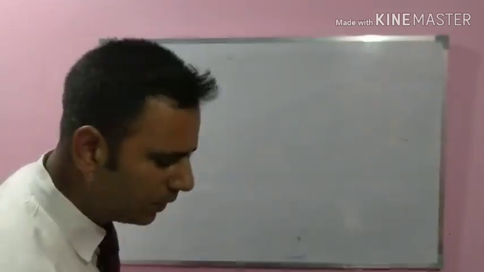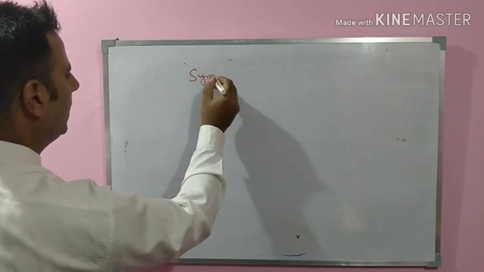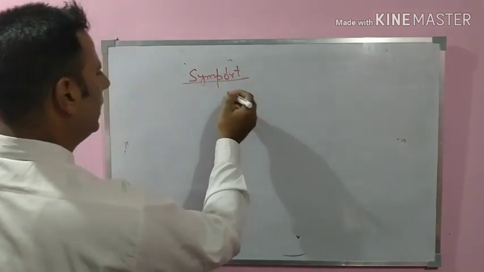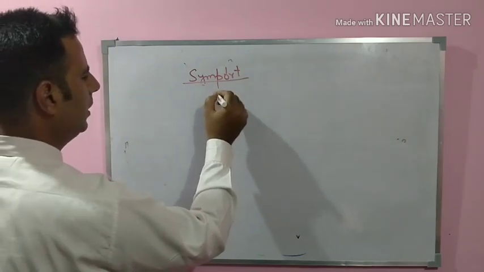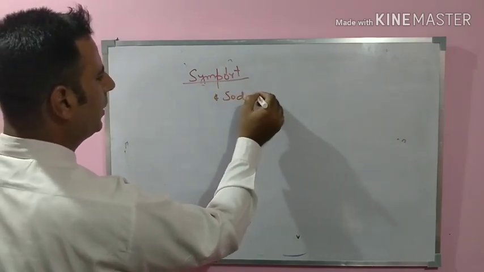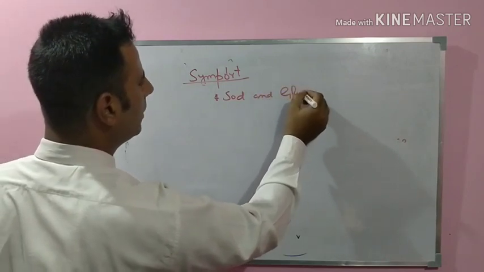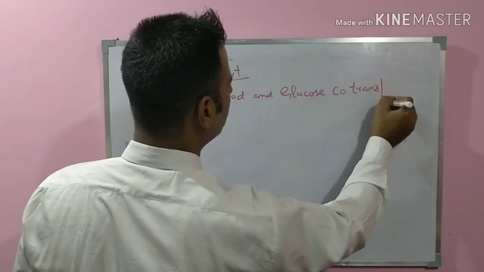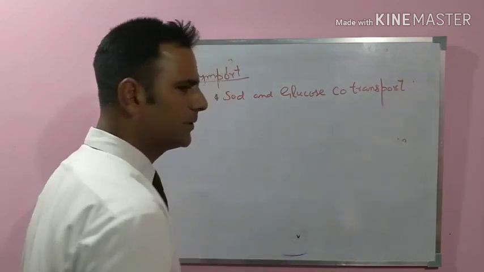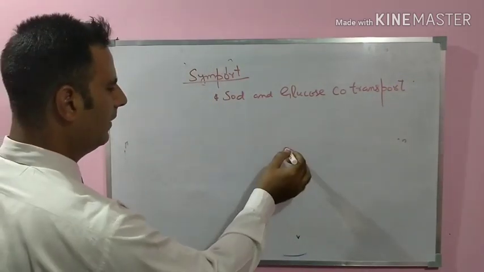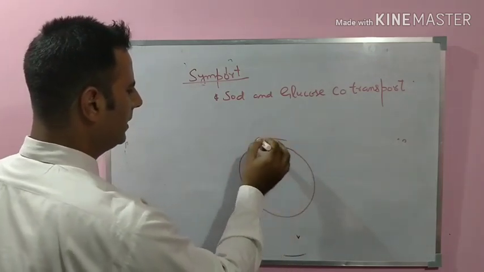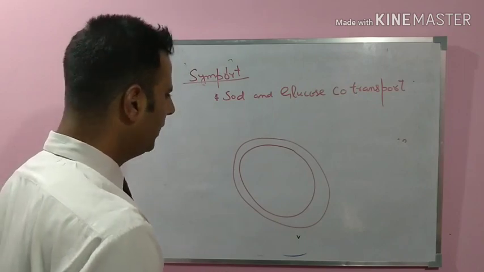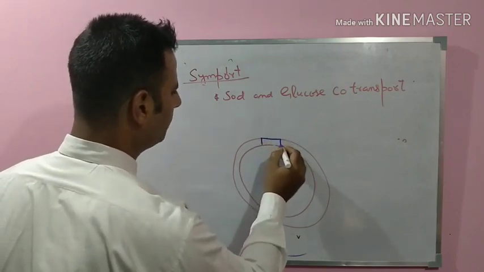In the case of symport, we will make one illustration here. We have one example, that is sodium and glucose co-transport. For example, we have a cell here, this is the membrane of the cell, and here we have a carrier protein, a co-transporter.